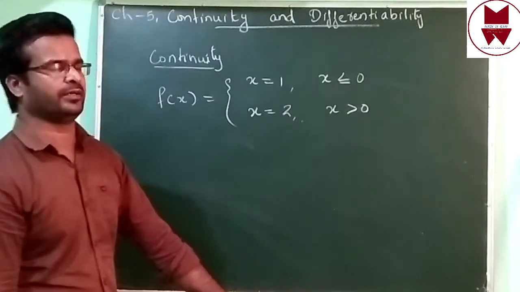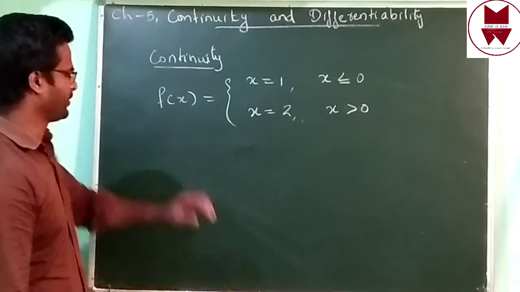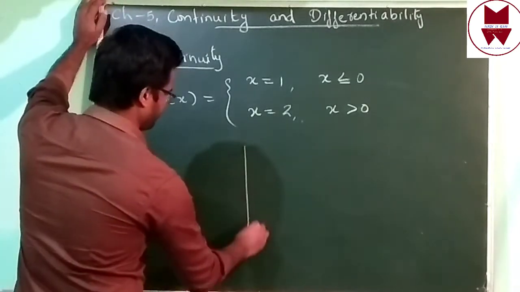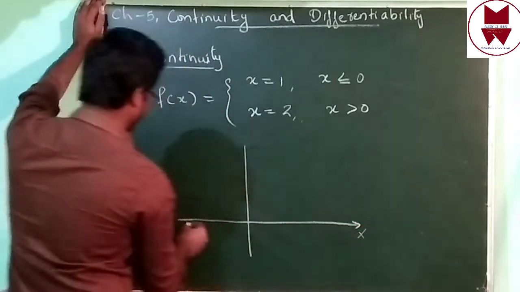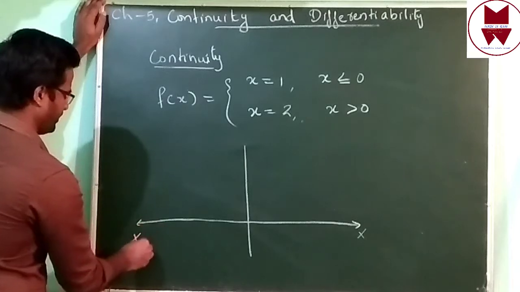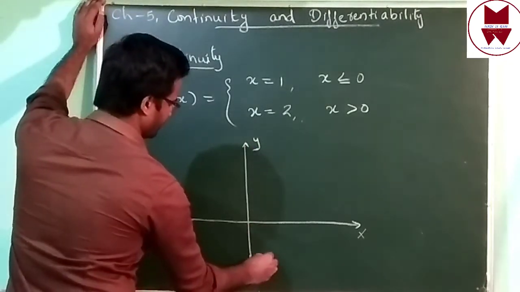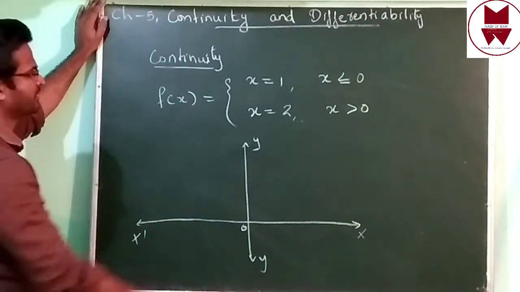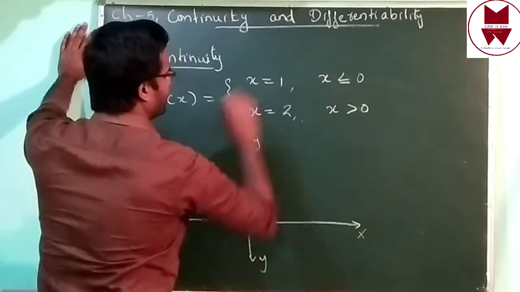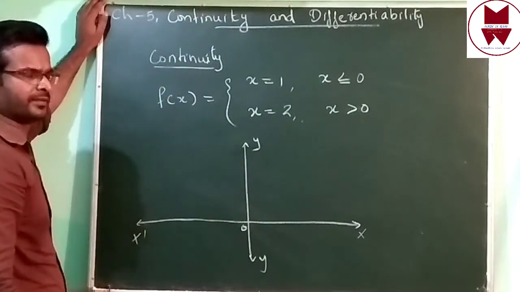We can see one graph. If you draw the graph of this function, how can you draw it? Cartesian plane, x dash, x, y, y dash, with origin 0. First case, x less than or equal to 0 means the left side of our y axis.